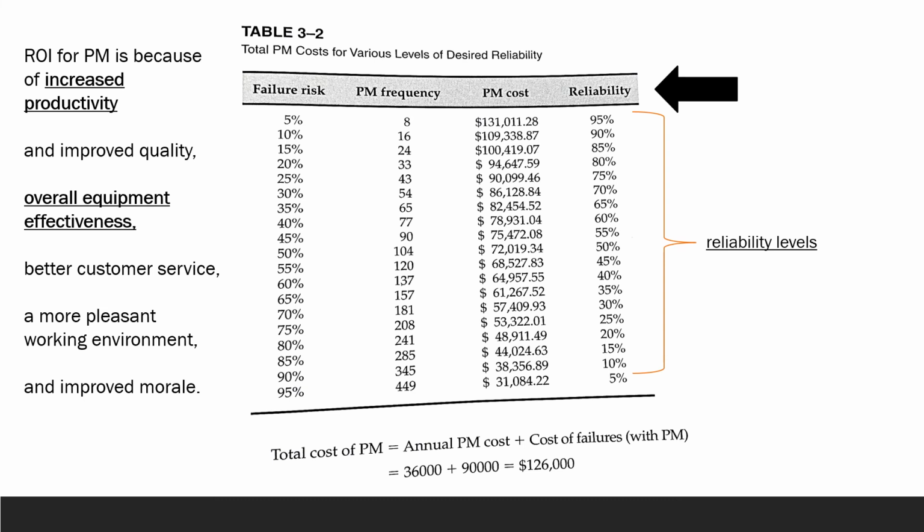So your profit is not 126,000 compared with that 96,000 for the preventive maintenance cost. Your profit return on investment is by spending this much, maintaining the system reliability that much.